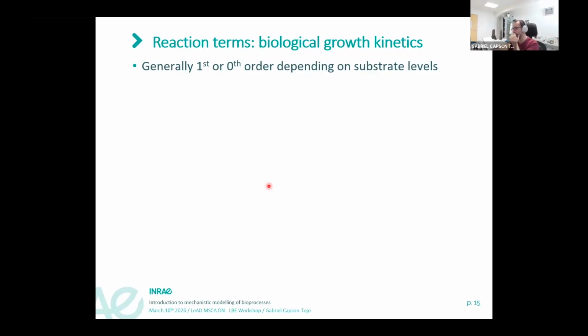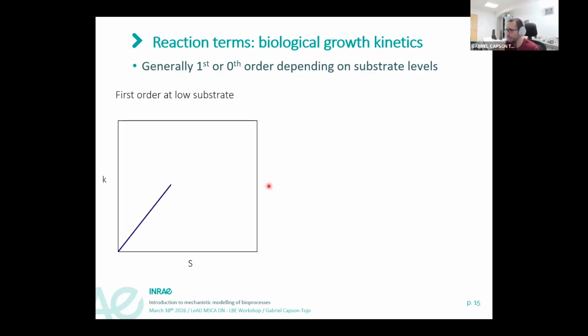And again, Jerome explained Monod kinetics, so I'm going to go relatively fast with this. What generally happens is that the more food you have, the faster it grows, which is, so this is the uptake rate, so how fast the bacteria are growing. If you add more substrate, at low substrate concentrations, there's a kind of a linear relationship.